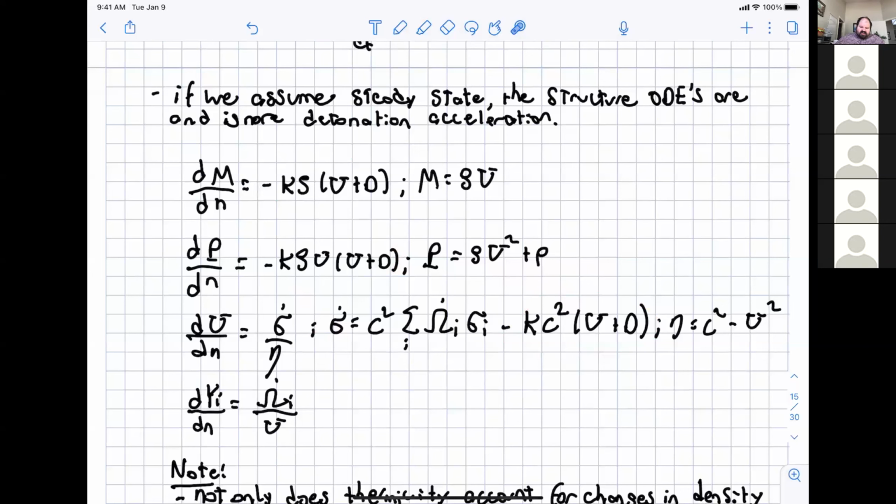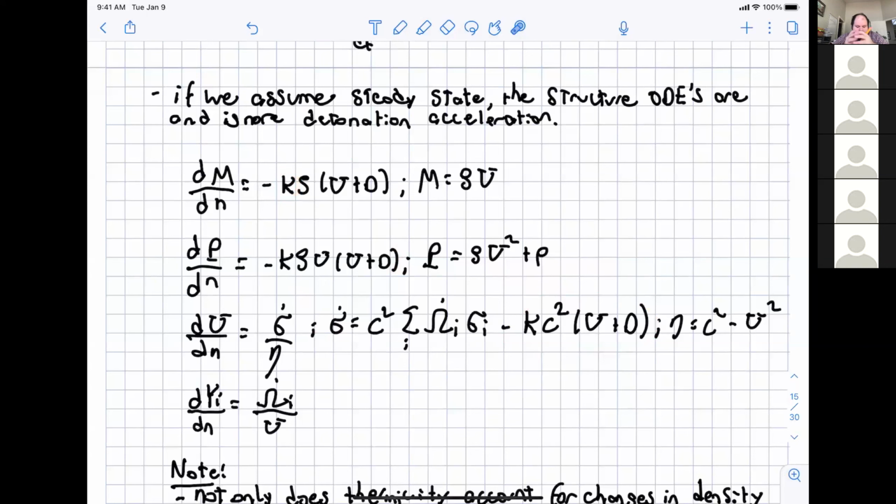For a given detonation velocity, we don't know what the correct value of kappa is. If you have a curved detonation, we're basically asking how fast the detonation is going to propagate, if it's propagating in a quasi-steady capacity.